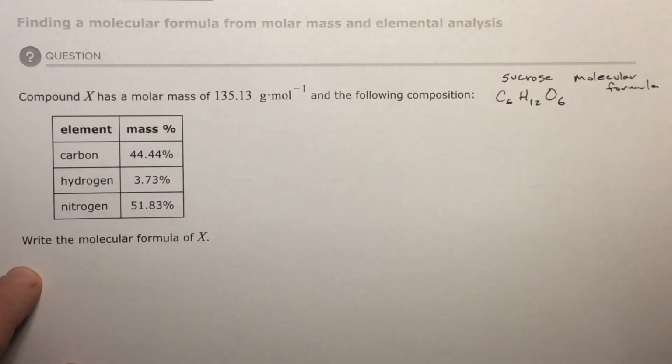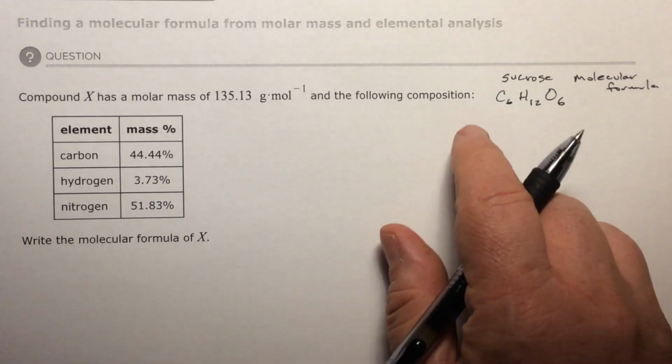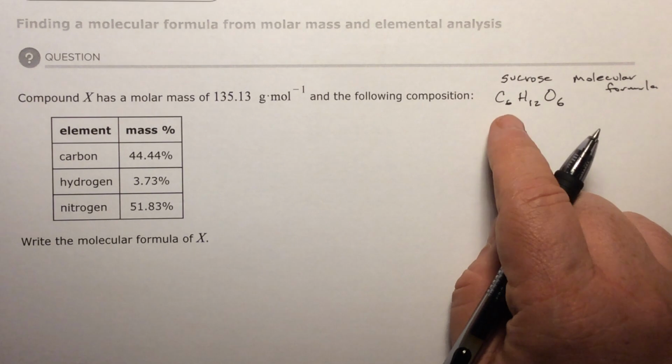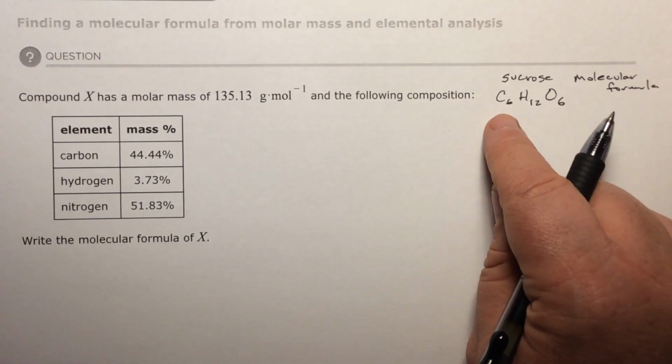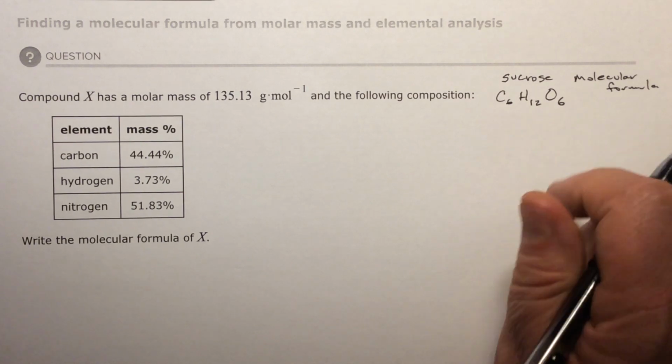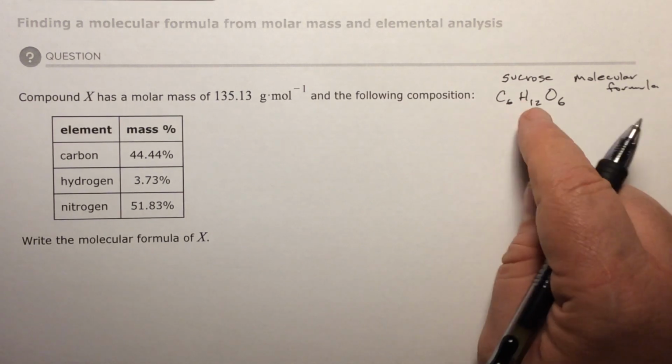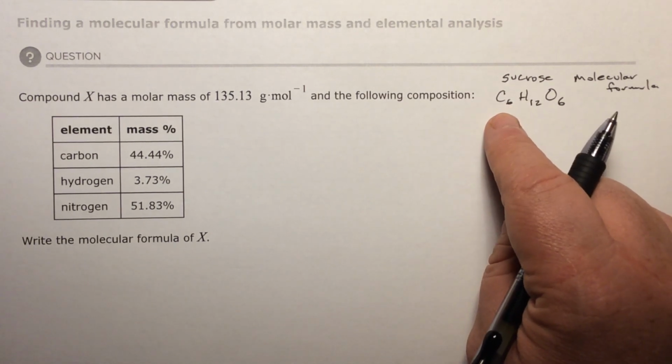Now, the empirical formula, what we found before, is just the ratios. So could I find a smaller ratio than 6 to 12 to 6? What number fits in 6s and 12s equally? Well, 6 could go into 12 and 6 could go into itself.